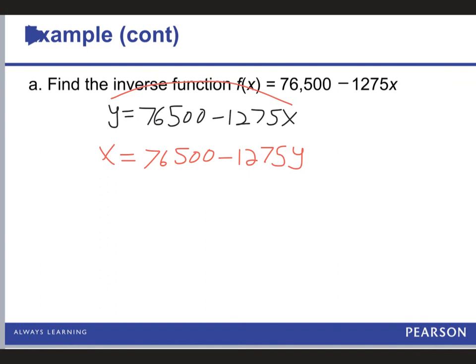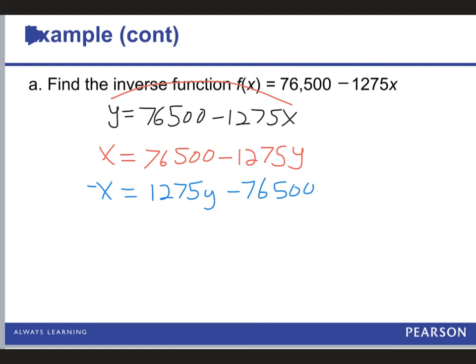Alternatively, you could do an extra step and add 1,275y to both sides. But I'm just going to change the sign. So I'm going to say -x equals -76,500 plus 1,275y. So it was negative, it's positive, and the 76,500 was positive, it's now going to be minus. So I multiplied everything by -1.